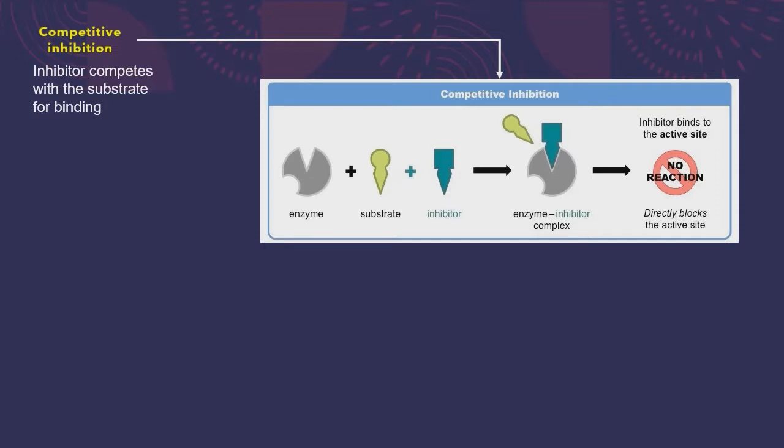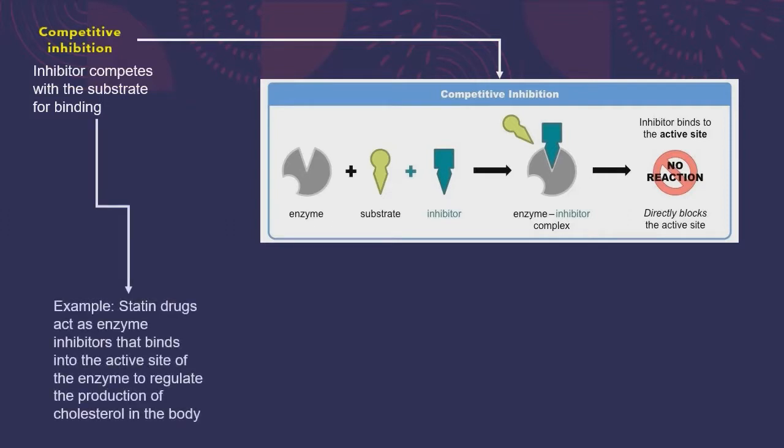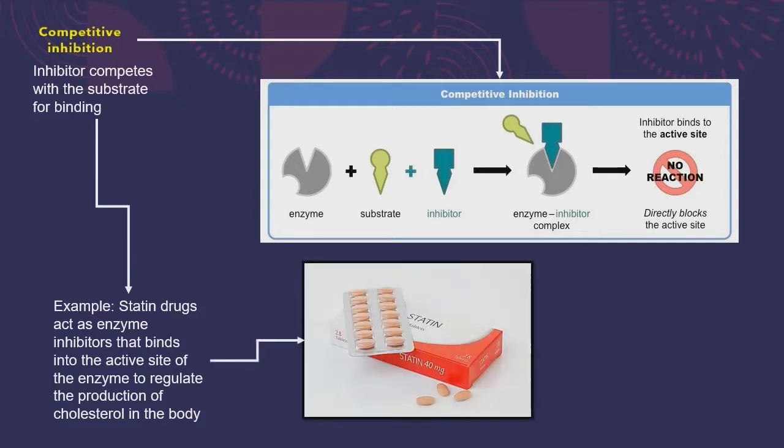So in other words, our substrate is blocked by what we call the inhibitor. And an example of this is our statin drug. So statin drug acts as an enzyme inhibitor that binds to the active site of our enzyme, so that this will help regulate the production of cholesterol in the body, which in turn will make the person sick or ill.